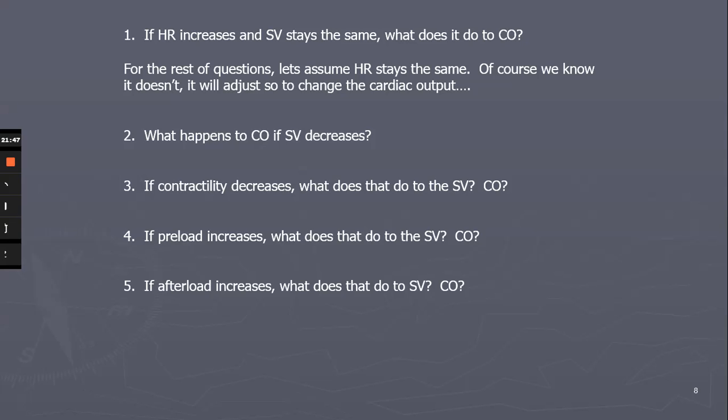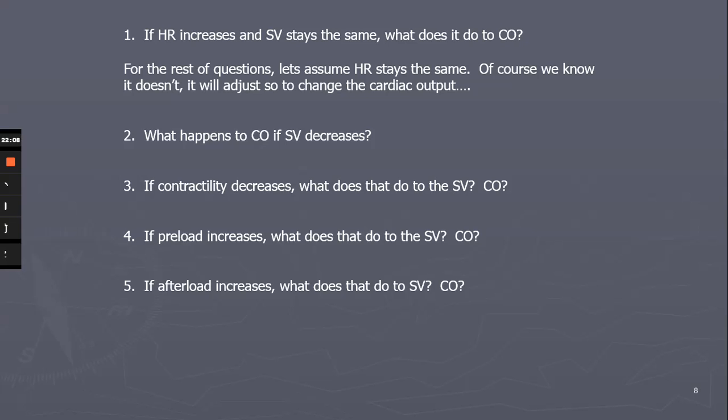Okay, let's imagine that equation that I gave you earlier. The cardiac output equals stroke volume times heart rate. So if the heart rate increases and stroke volume stays the same, what does it do to that volume number? It's going to increase it.